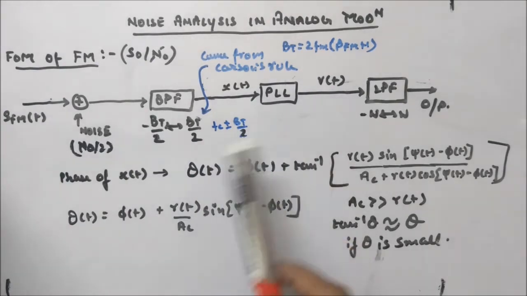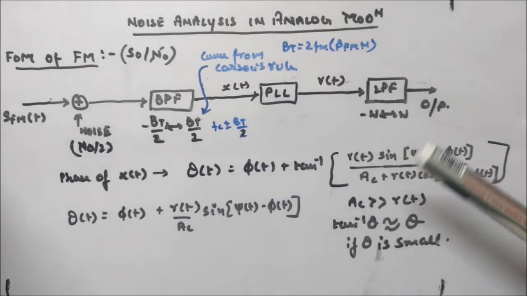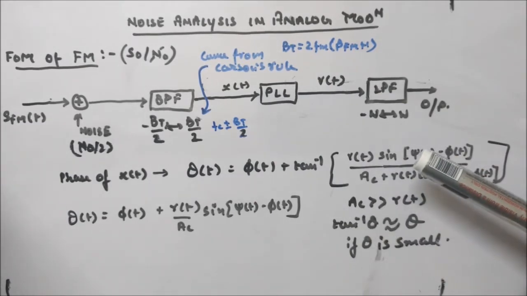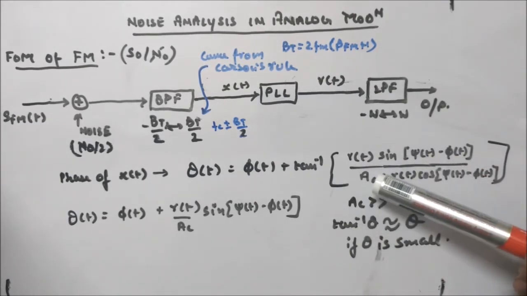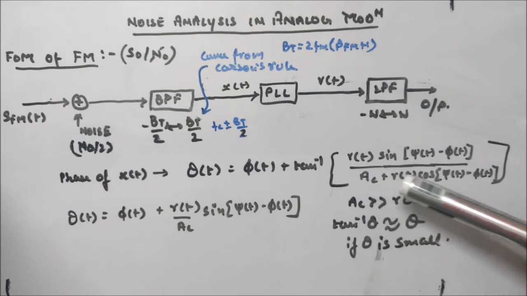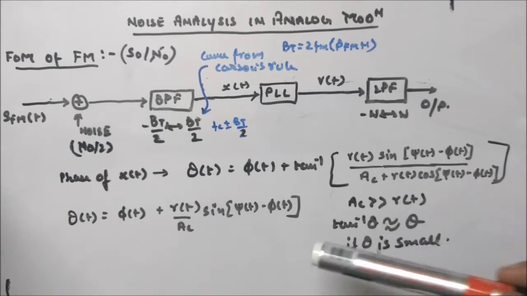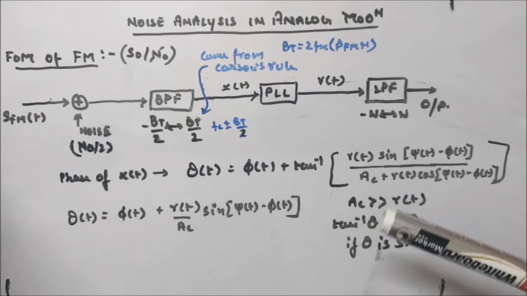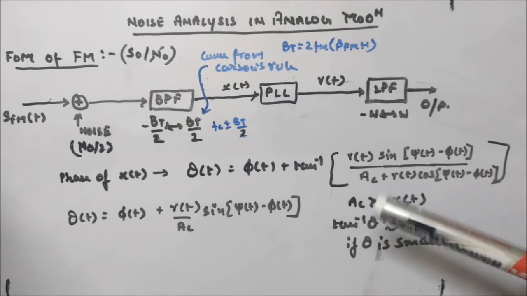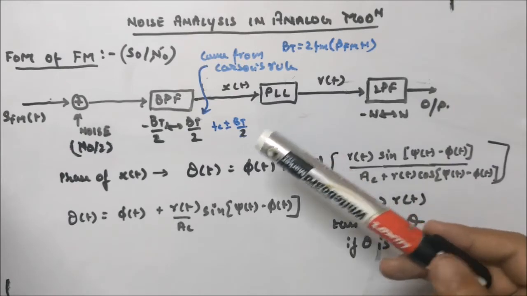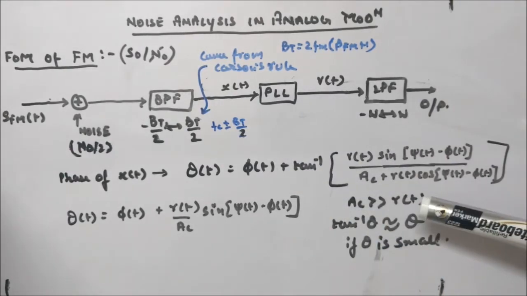Now before we move on to Vt, first we make some approximations to our advantage. We assume that the carrier amplitude AC is very much larger than RT. It's like assuming the carrier to noise ratio is very high at the input of the PLL, much higher than 1.